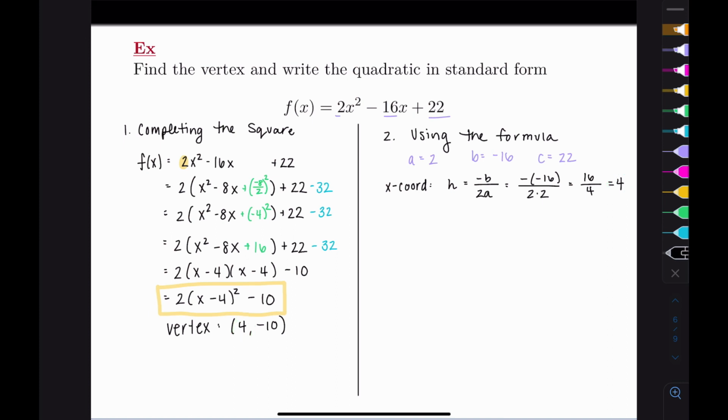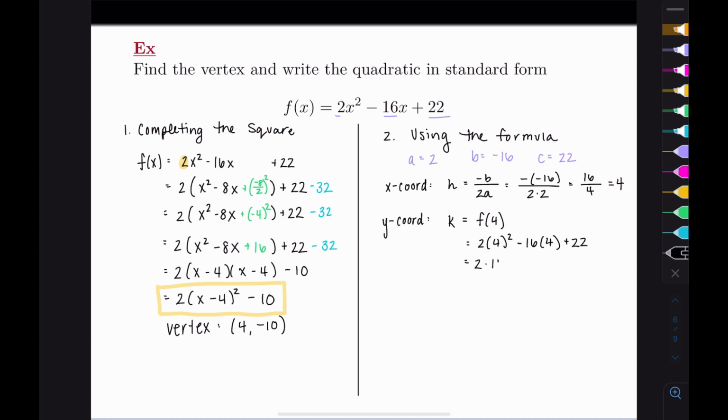Okay. And now that we have the x-coordinate, to find the y-coordinate of the vertex we just plug it in. So our value of k is we plug 4 into the function because it's a point on the parabola. So this would be 2 times 4 squared minus 16 times 4 plus 22.